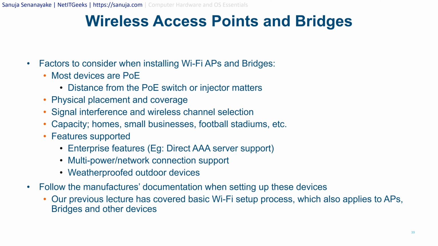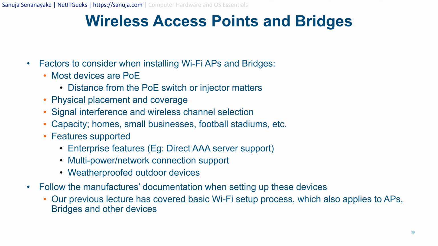Physical placement and coverage. Whenever you have multiple access points, you can do slight overlapping of the coverage so that there are no dead spots. Signal interference and wireless channel selection. Again, I'm not going into depth on how you can select different wireless signal channels, but certain channels may give you more interference than other channels.